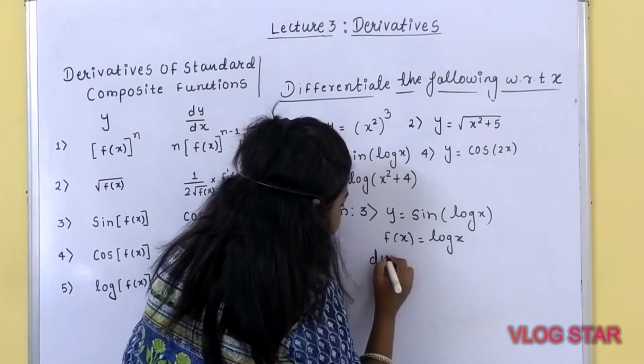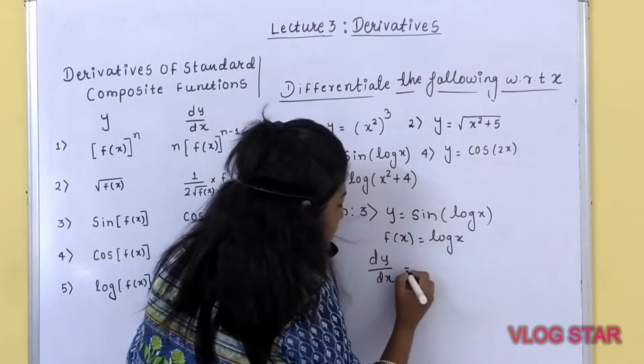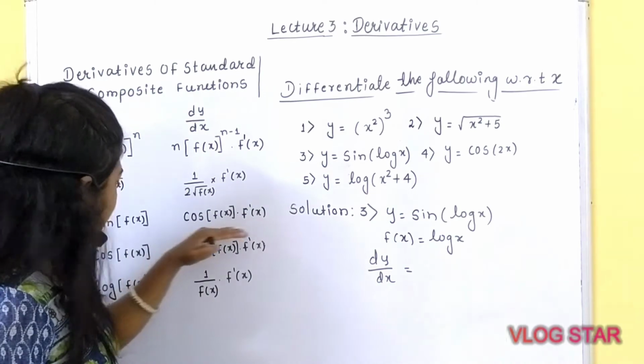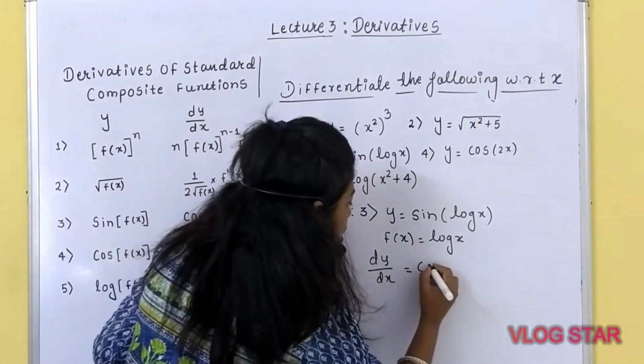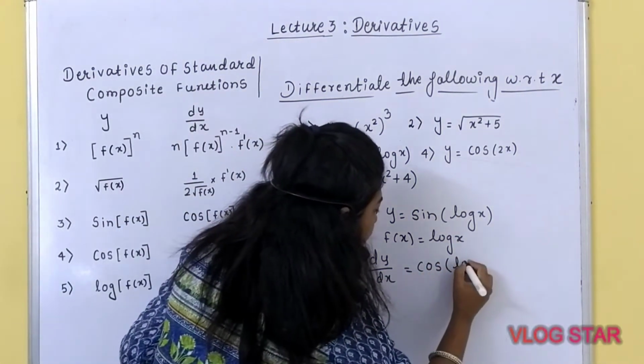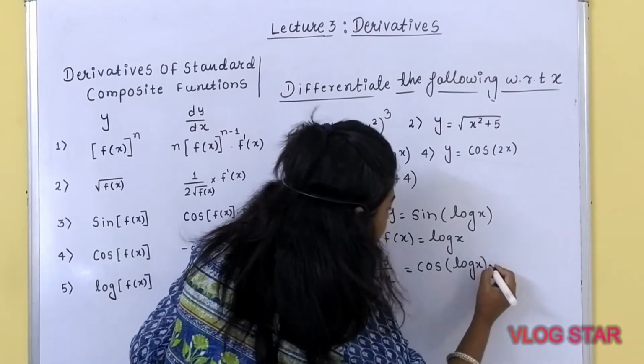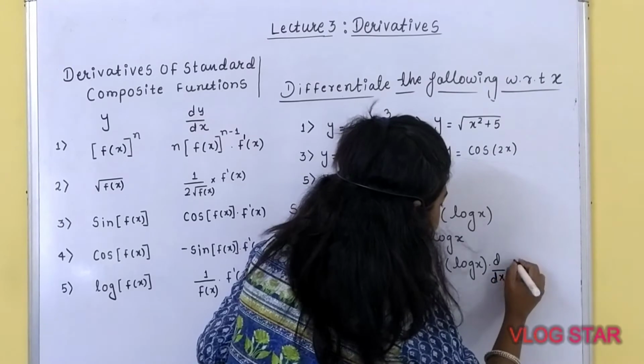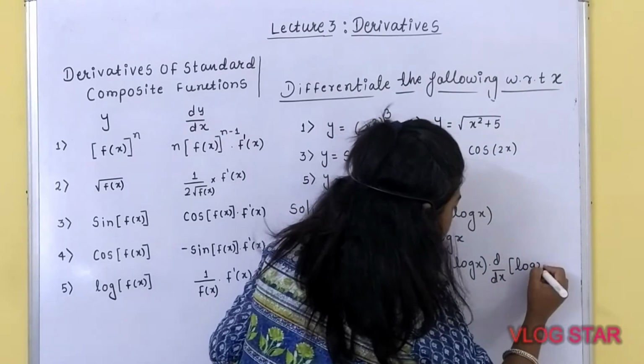After taking dy by dx, that is the derivative of this function with respect to x, as per the standard result it is cos log x into the derivative of f of x, that is log x.